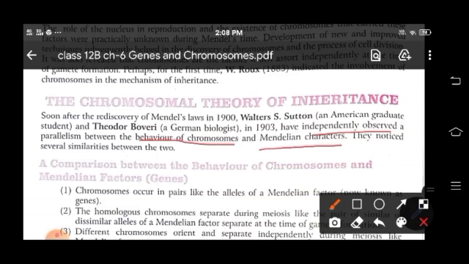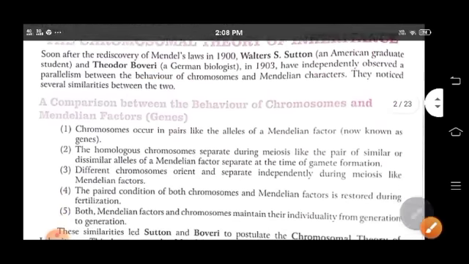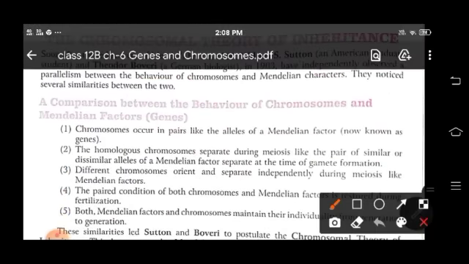They noticed several similarities between the chromosomes and Mendel's factors. Like alleles of a Mendelian factor, chromosomes occur in pairs. The homologous chromosomes separate during meiosis, like the pair of similar or dissimilar alleles of a Mendelian factor.